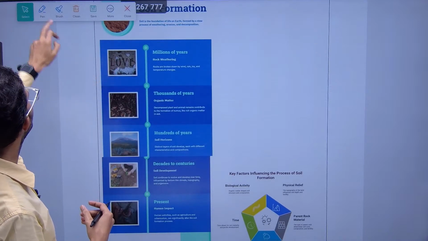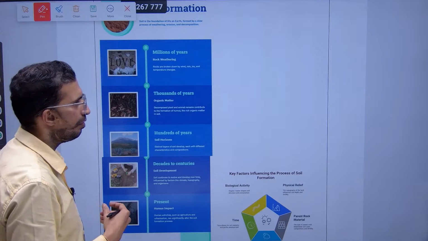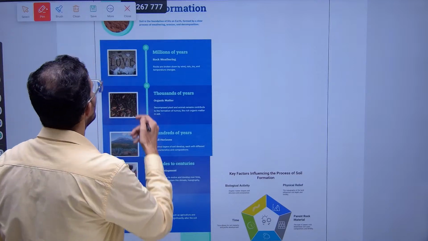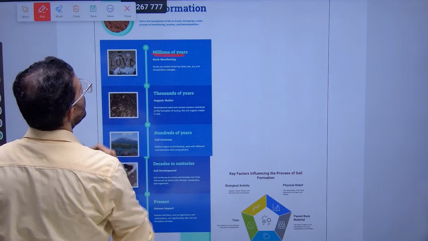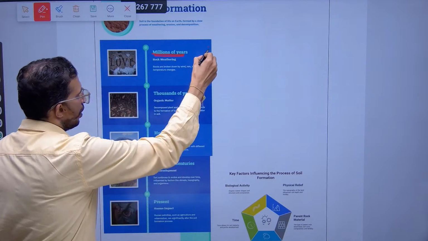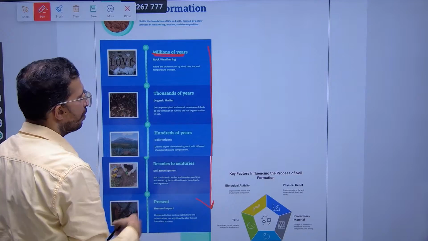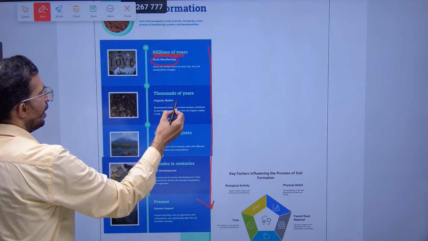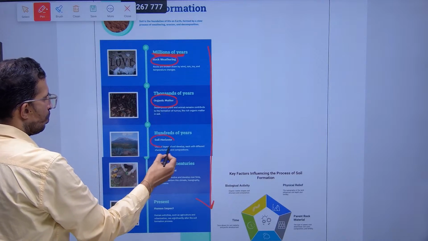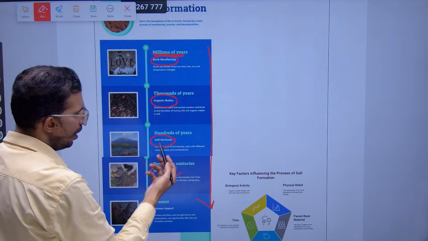See this one. Millions of years. First one, if you see, the rock weathering, then organic matter, then formation of soil horizon and the soil development.